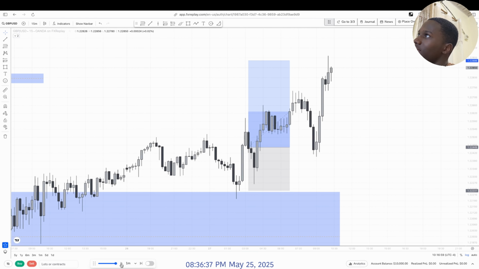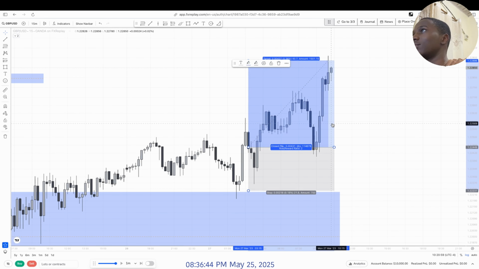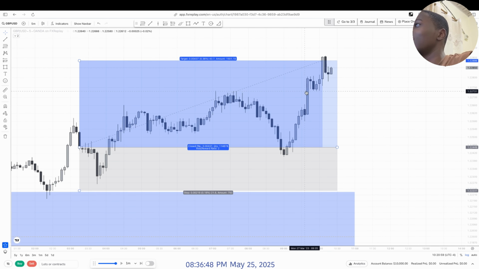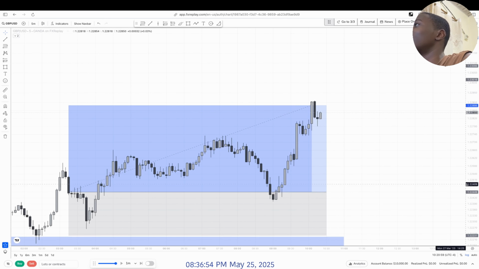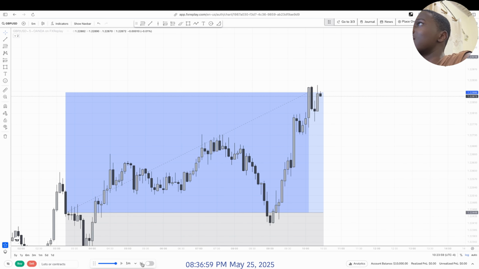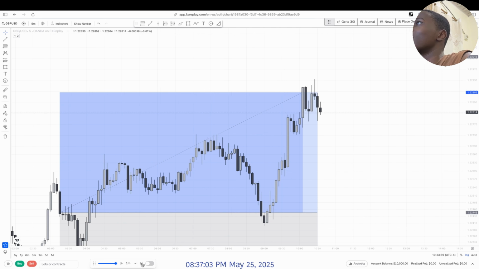So before 10, you can see it was hit as well. Great one. So it's currently 10. At 10, you can see that the model continues in play. So by 10, let's see, we haven't created any fair value gap yet. Okay, I thought there was one, but that's not it.